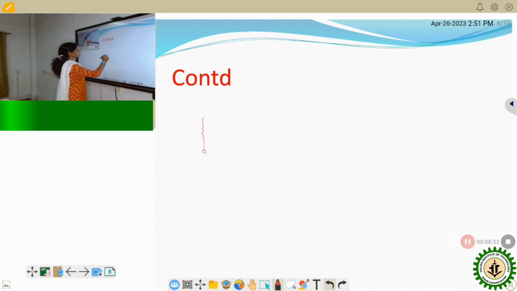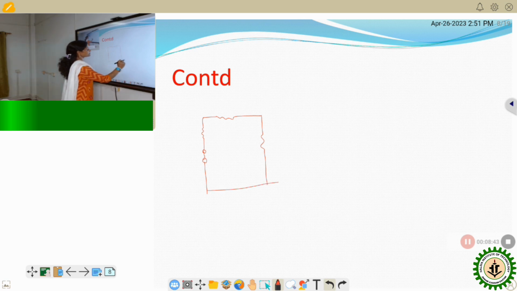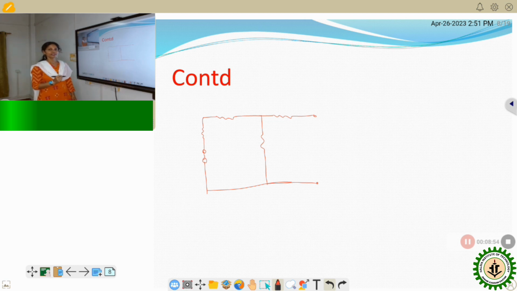By short circuiting. After removing all the voltage and current sources, view back into the network from the open circuit terminals.